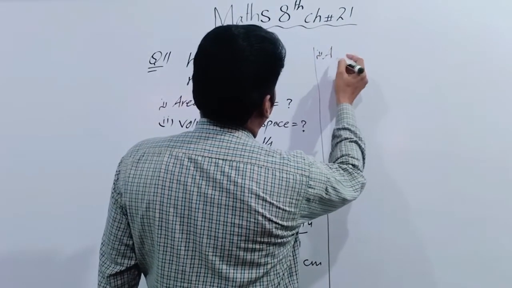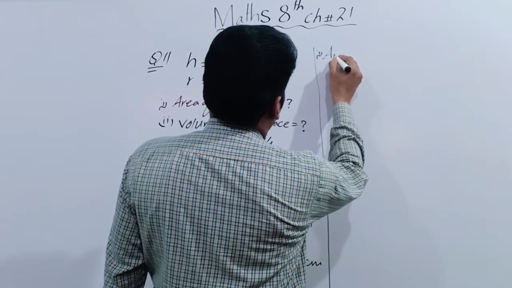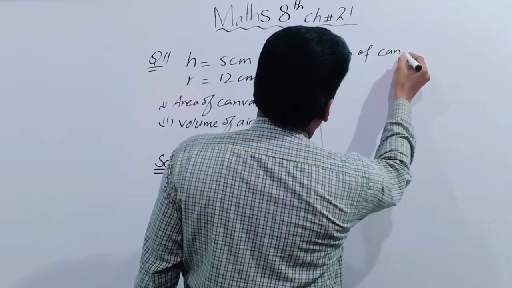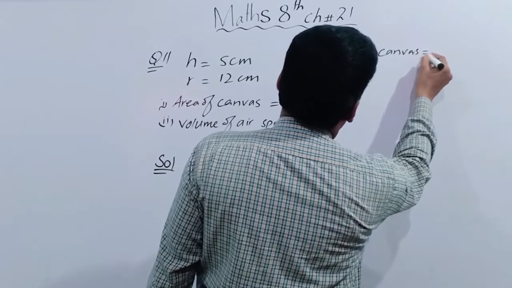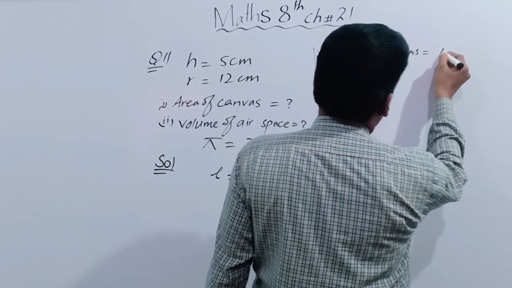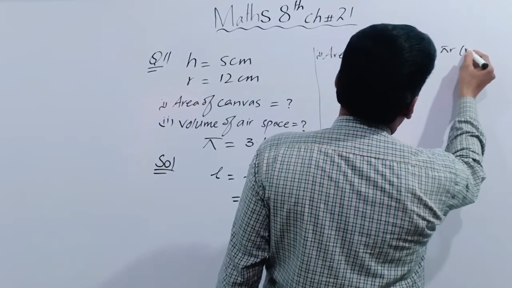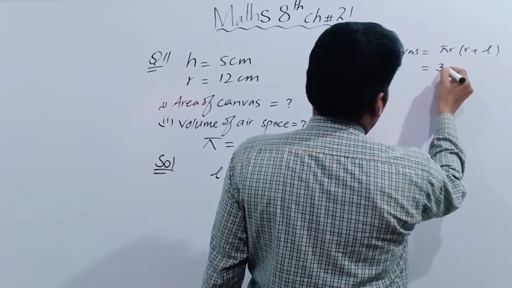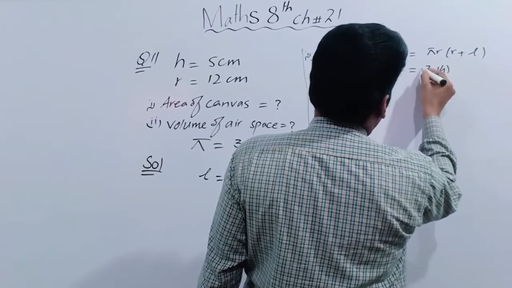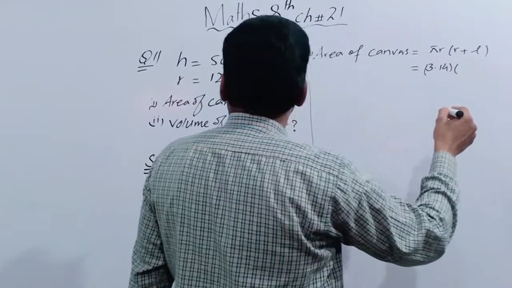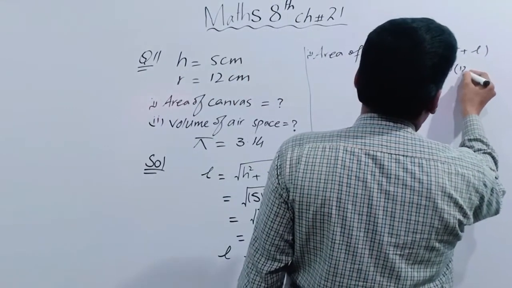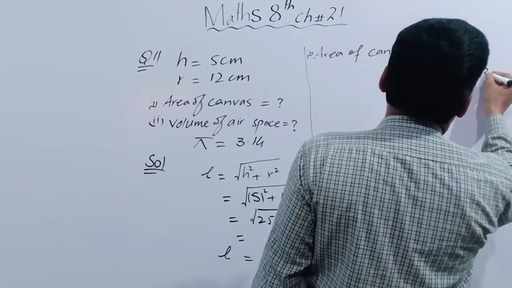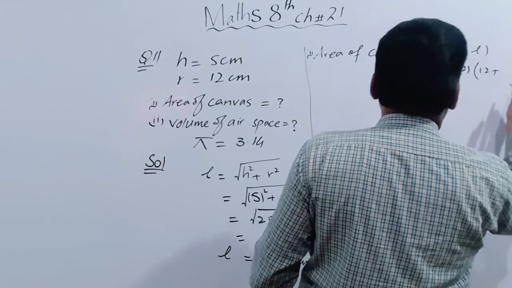Just we have to put the values to find area of canvas. First part, area of canvas is equal to pi r into r plus L. So pi, we will take the value 3.14 and r, that is 12. Now again bracket, r 12 plus L, that is 13.